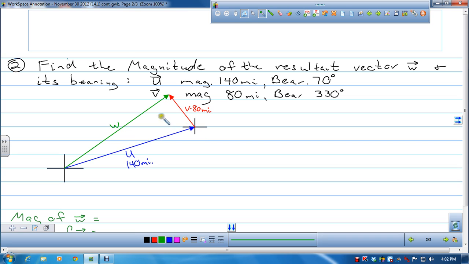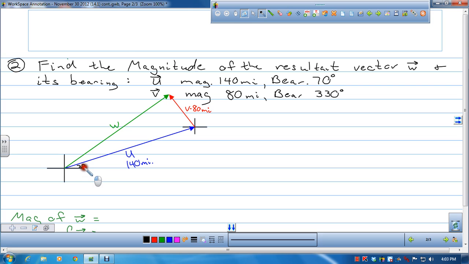And now is when we start piecing things together. So let's think about what we've got here. Think about when we went down to the blue one. The blue one was a bearing of 70, which made this little sliver right here. Let's fill in the blanks with black.